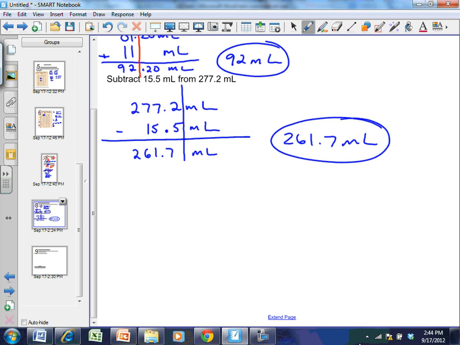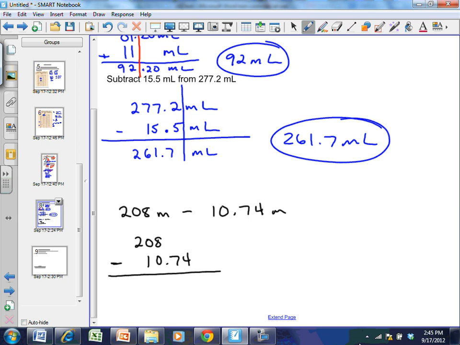Okay, so maybe that was a little easy. So I'm going to make one up. Why don't we do 208 meters minus 10.74 meters. So I write 208, and then I write 10.74, and I'm subtracting these.